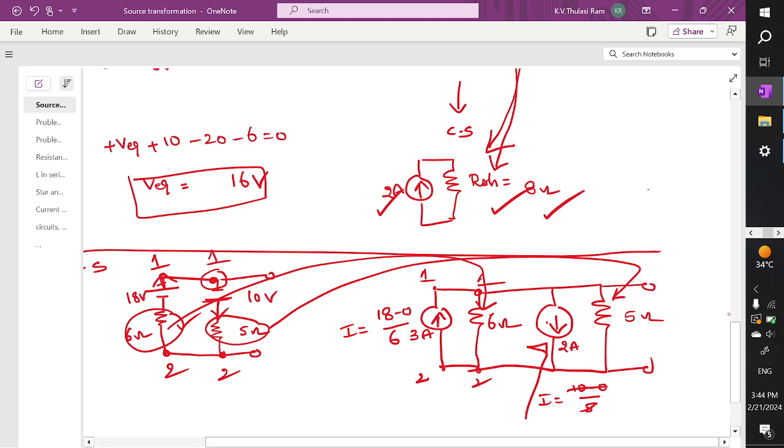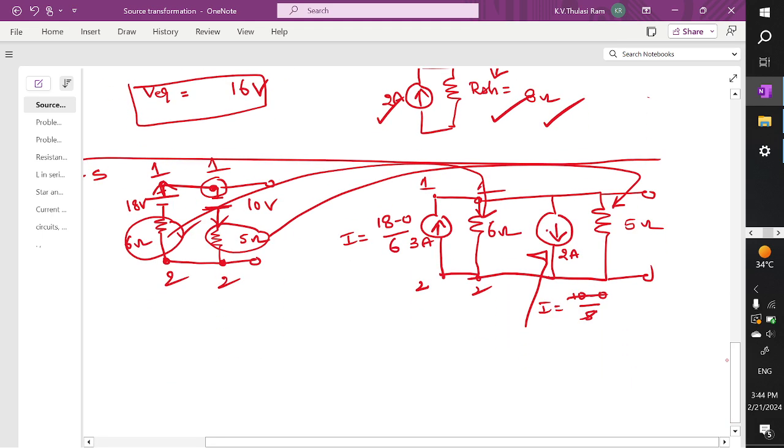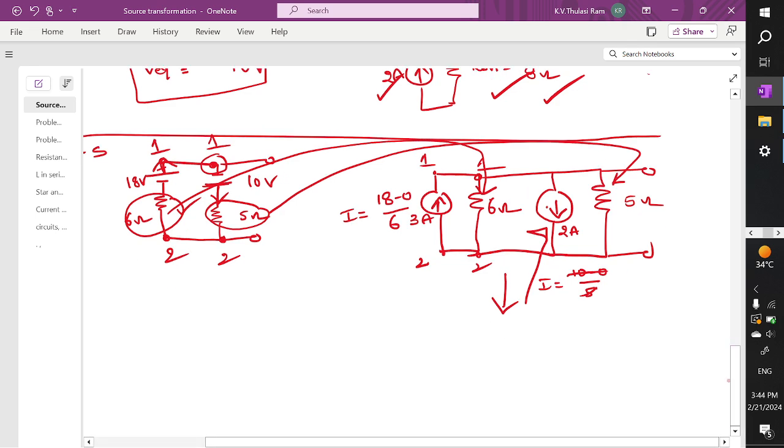So now for this given network, we need to reduce it again. So how to reduce this? You can see here, I want to reduce it into an equivalent source. What are the nodes we have? So all these are node 1, node 1, node 2, node 2. So between node 1 and 2, I need to calculate.